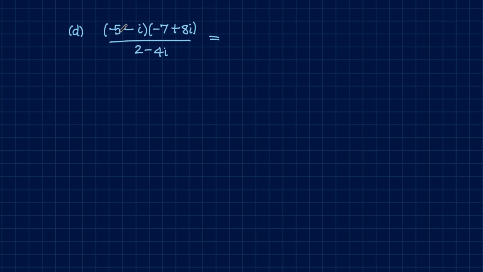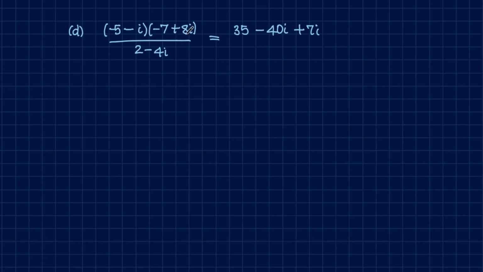So negative 5 times negative 7 gives us positive 35. And then negative 5 times positive 8 gives us 40, but negative. So we say negative 40i. Now coming to the next one here, negative i times 7, we get positive 7i.